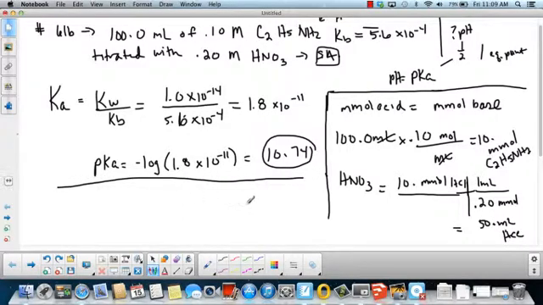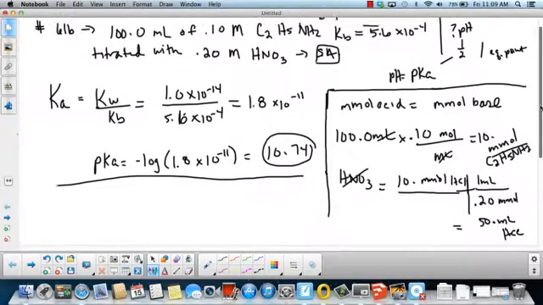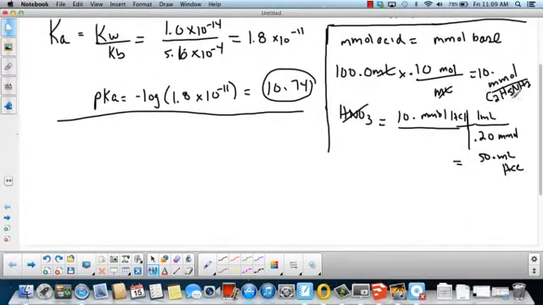So now I know I had my 50 mils of acid, and what I'm looking for is the pH. Now at the equivalence point, it's not the original weak base, and it's not the strong acid that are going to influence it, because there isn't any left of either of those. What is going to influence it is the conjugate acid of this material.